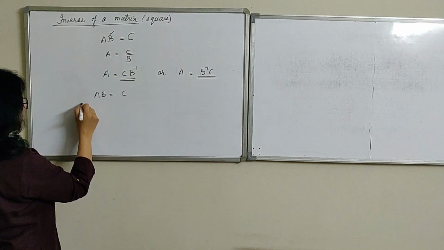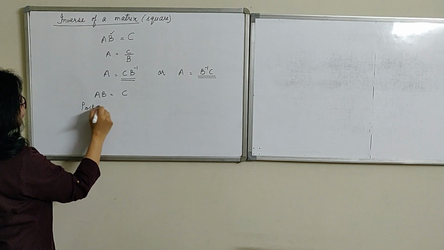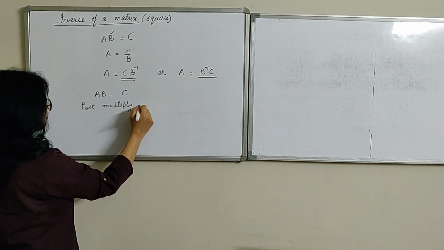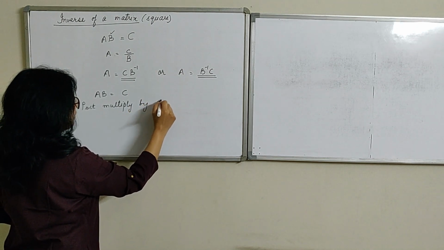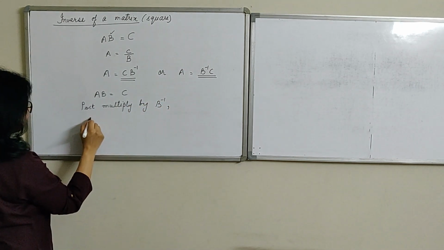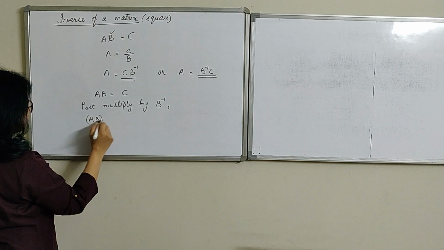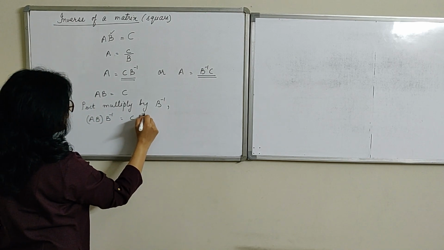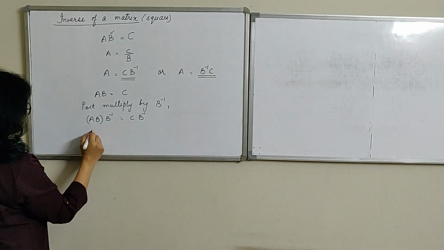AB is equal to C, and post multiply the equation by a matrix B inverse. So we get matrix AB multiplied by B inverse, which is C into B inverse.